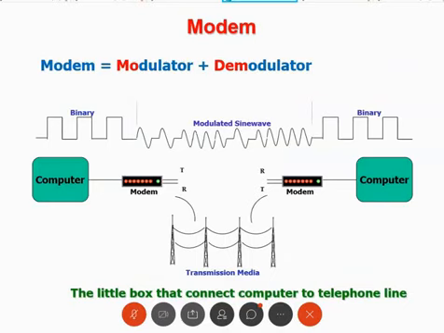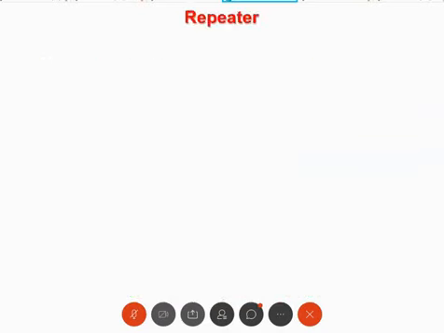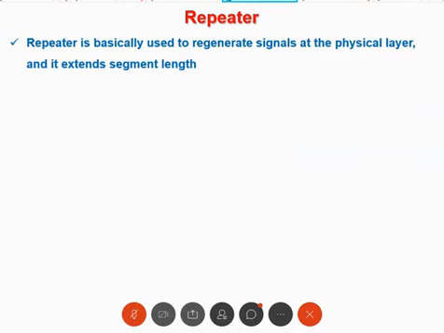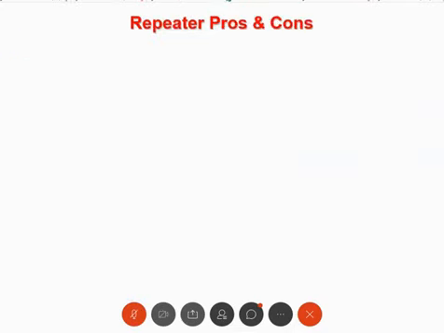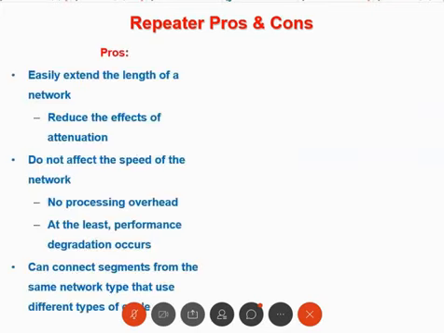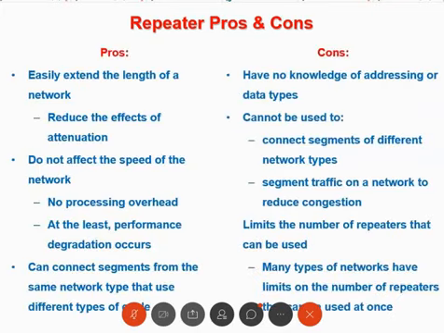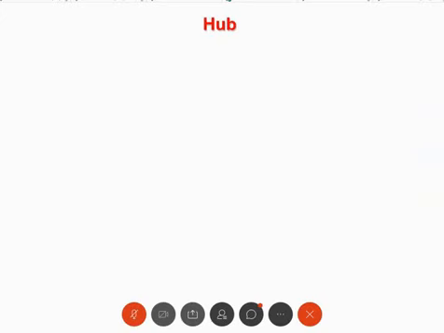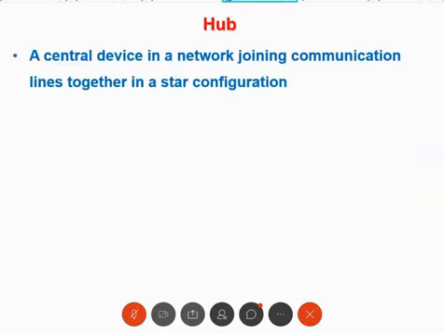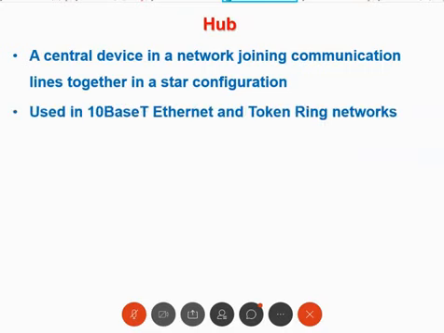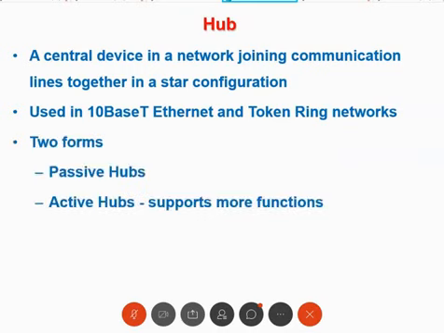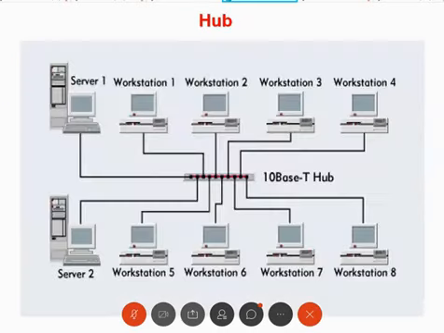Modem, needless to say. Repeater, the same way. The repeater is what we use in a hub, joining different networks in a star connection, using very low-end Ethernet.